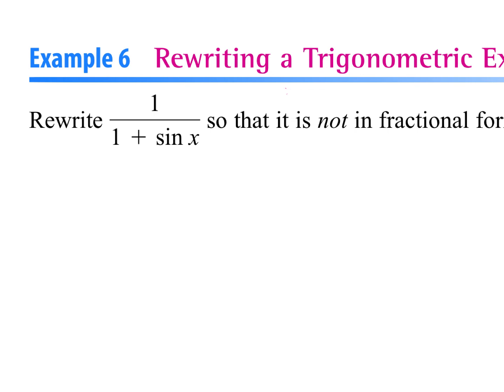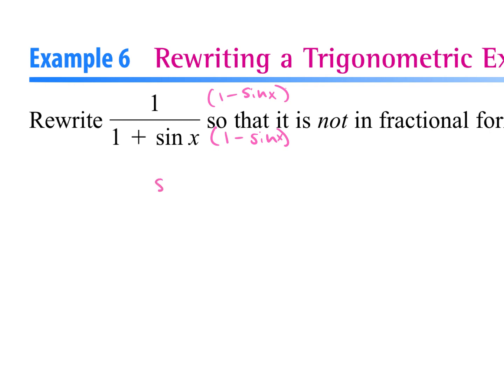Think back to when we had complex numbers in our denominator. Let's try that. If we multiply by 1 minus sine, now we can't just multiply it on the bottom. What else do I have to do? Multiply it by the top too. So 1 minus sine on the top and the bottom.